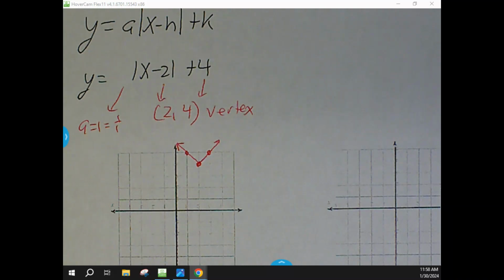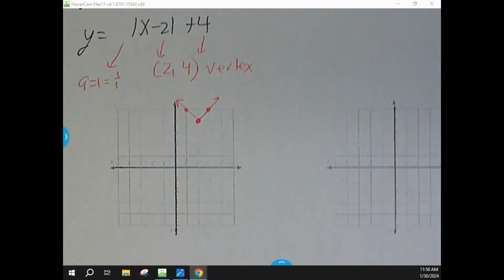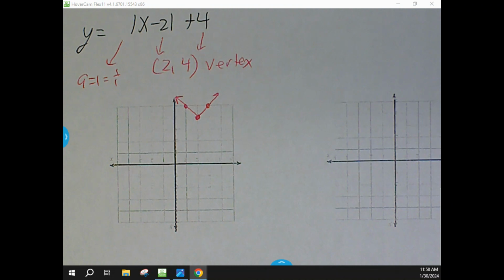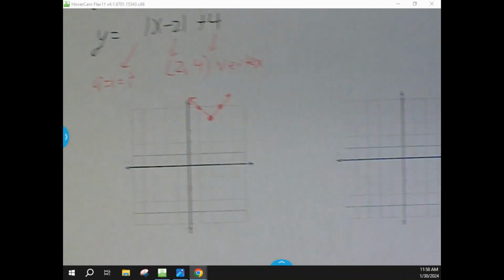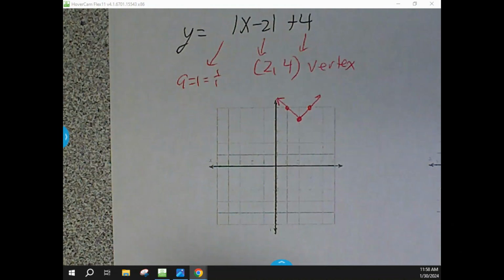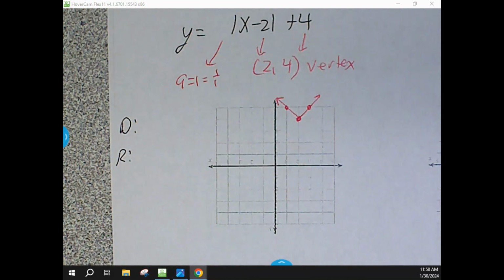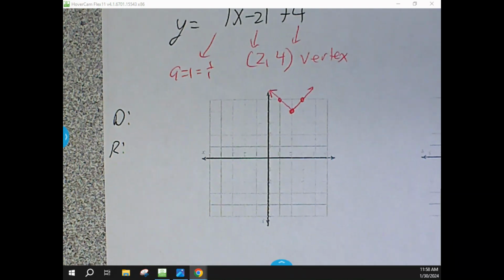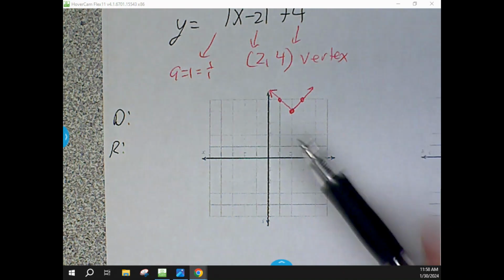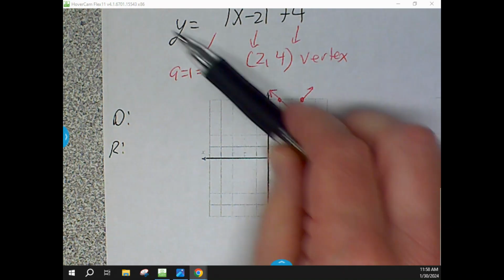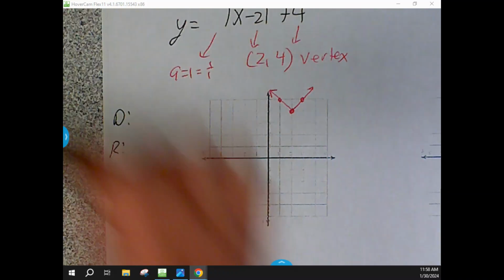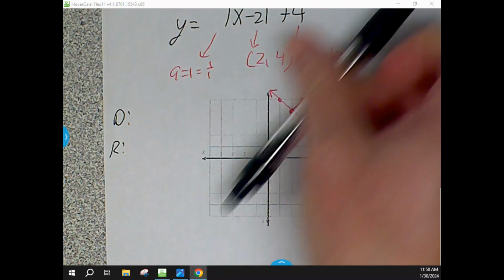All right, now one little detail we'll add on some of these, just to make sure we've still got some practice on this, is we are going to ask you about domain and range here. I'm going to put that one over here on this side. All right, so we're graphing this one. How far does it go to the left? Infinity, right? How far to the right? Infinity.